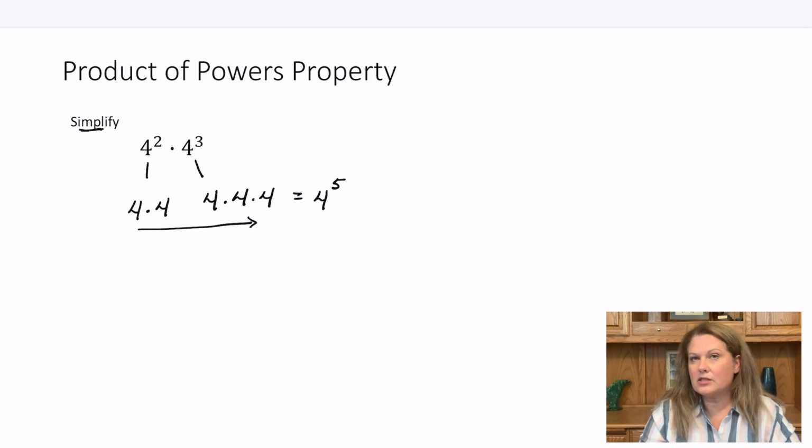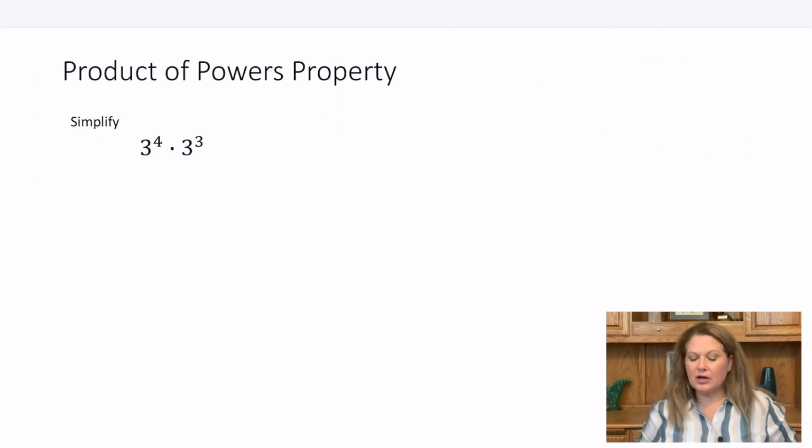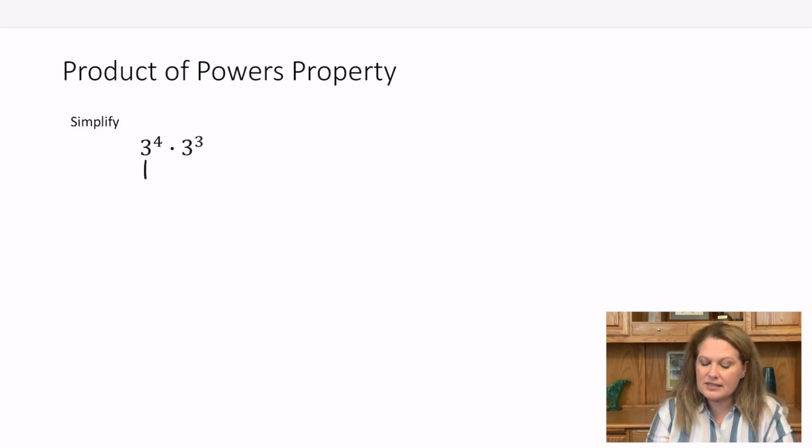Have you noticed a shortcut? There is one. And let's do one more and see if you see it, because this is the background for the product of powers property. So our example here is 3 to the 4th power times 3 to the 3rd power. If we extend 3 to the 4th power out, remember that's 3 times 3 times 3 times 3.